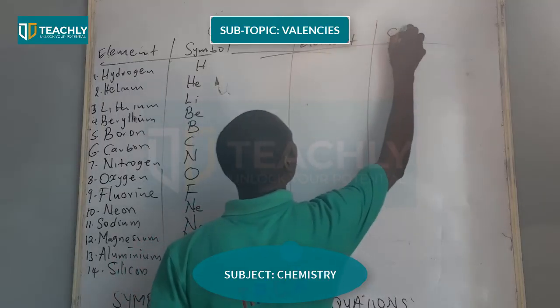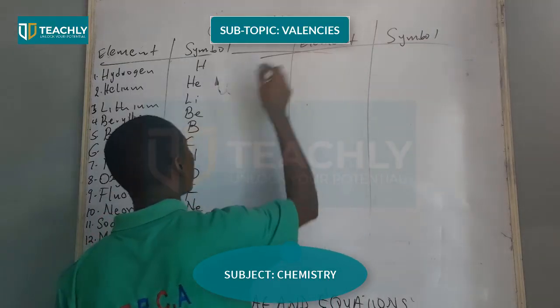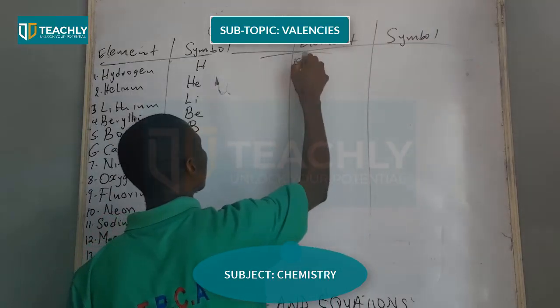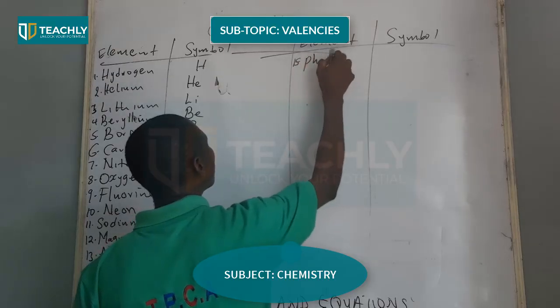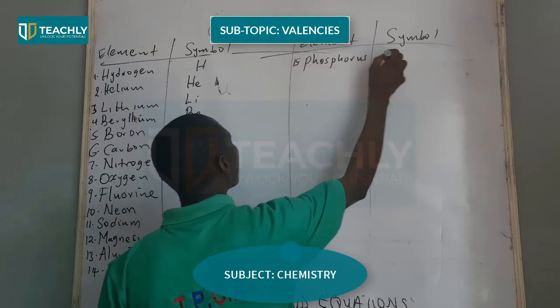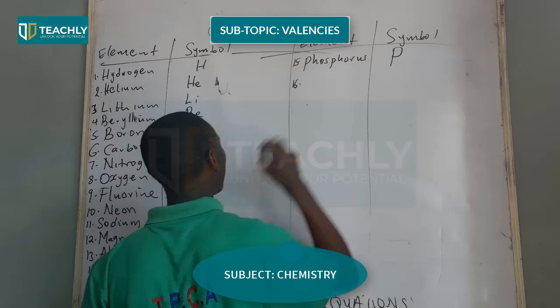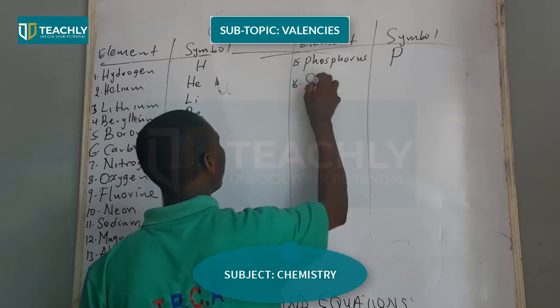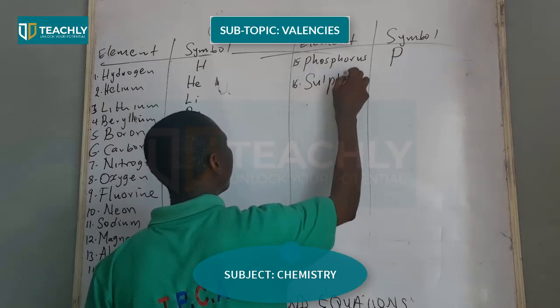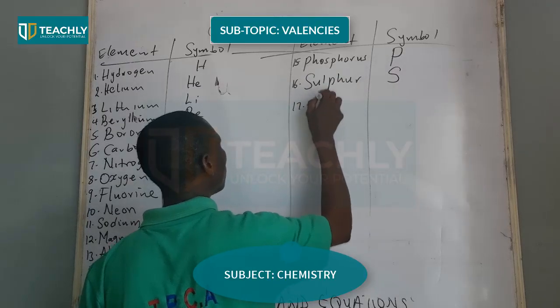After silicon, the next one is phosphorus. Phosphorus is capital P. The other one is sulfur. Sulfur is S. 17, chlorine.